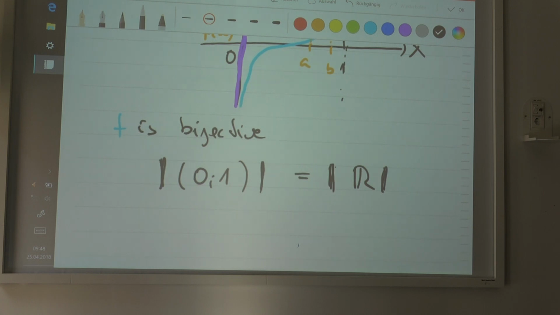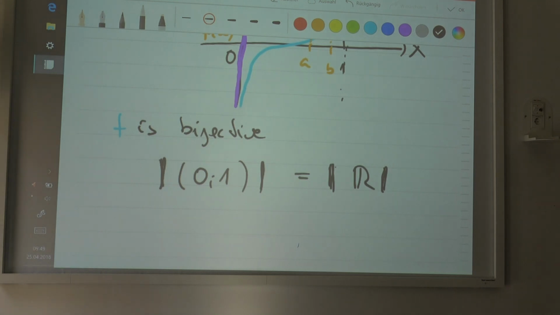You get that? Although this interval is a strict subset of the set of real numbers, which means that their difference is not empty. You understand?